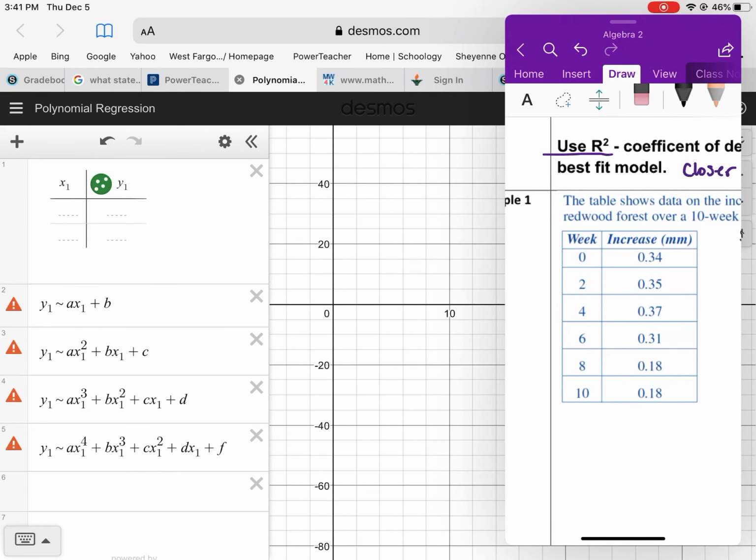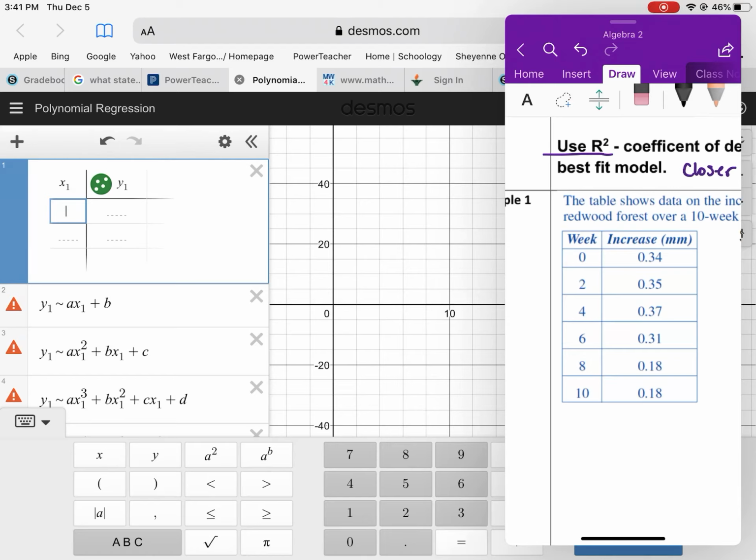So you can see this Desmos template has this all set up for you to put your data in here. So I'm going to put in my points now.